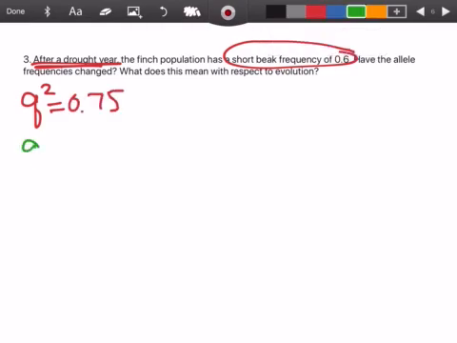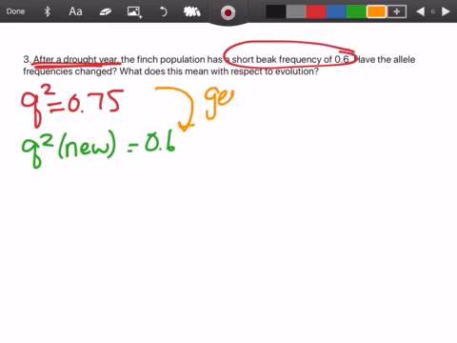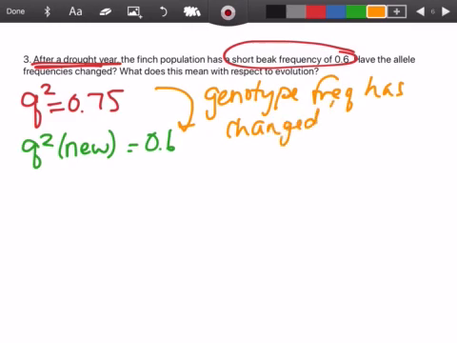In our new population, q squared of the new population, our frequency is 0.6. Our genotype frequency has changed. This means that evolution has occurred.